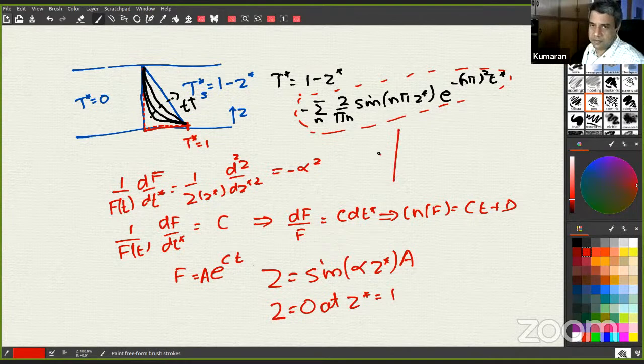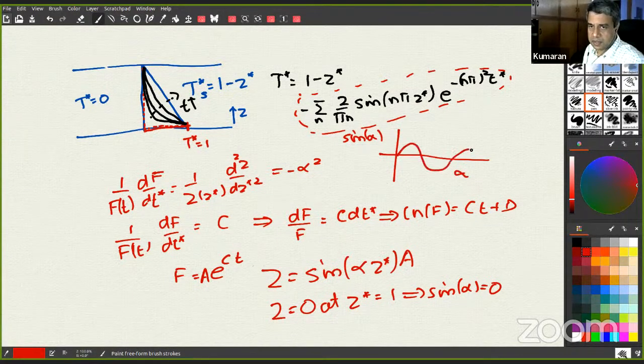So if you plot the sine function, this implies that sine of alpha has to be 0. If you plot sine of alpha versus alpha, this is going to go to 0 only at pi, 2 pi, 3 pi, etc. Those are the only discrete locations at which it will go through 0.